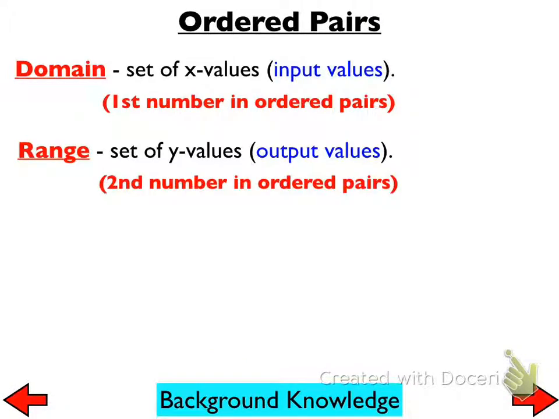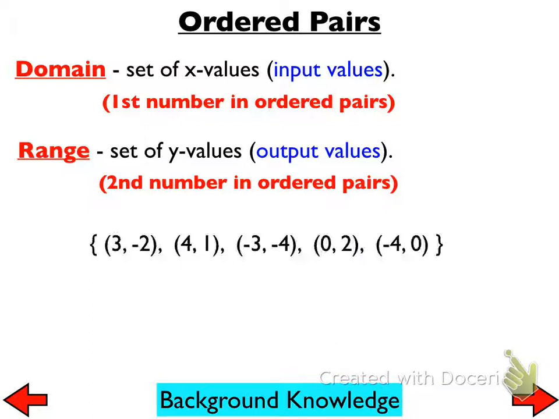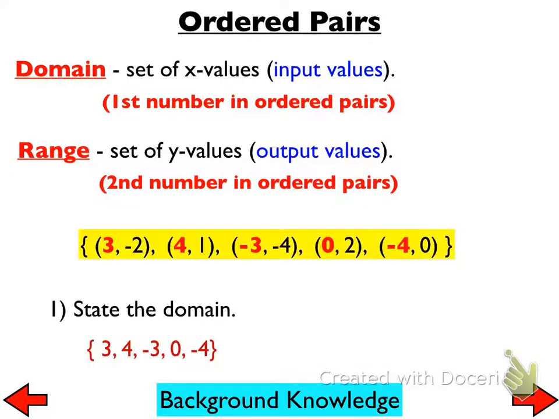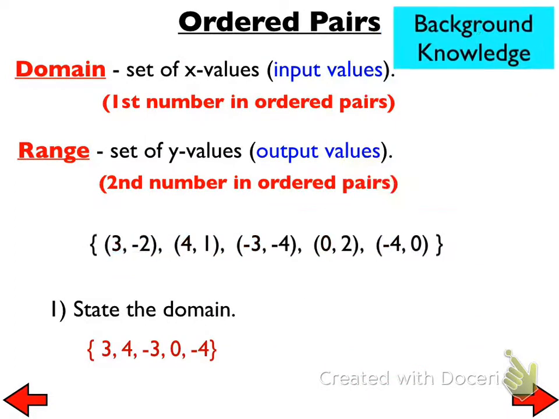Back when we talked about it about 5 or 6 lessons ago, when we're talking about domain, we're talking about the x values or the input values. When we're talking about range, we're talking about the y values or the output values. And so we've done this with ordered pairs, where the domain is the listing of all of the first numbers in the ordered pairs, and the range is the listing of all the second numbers in those ordered pairs.